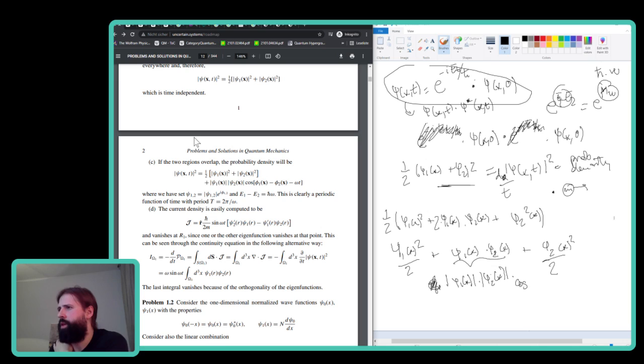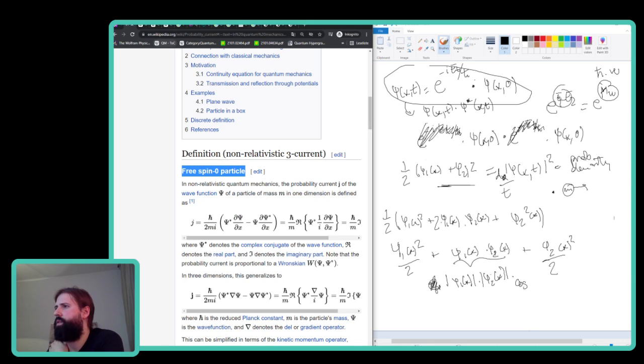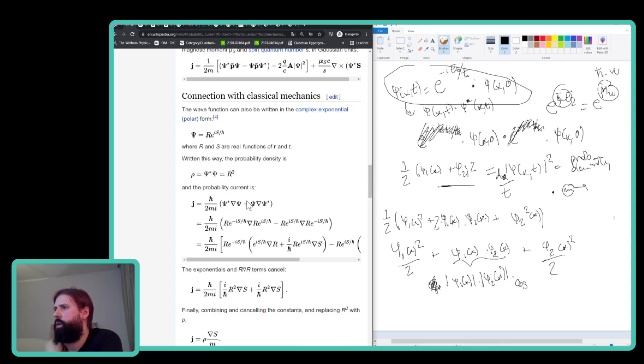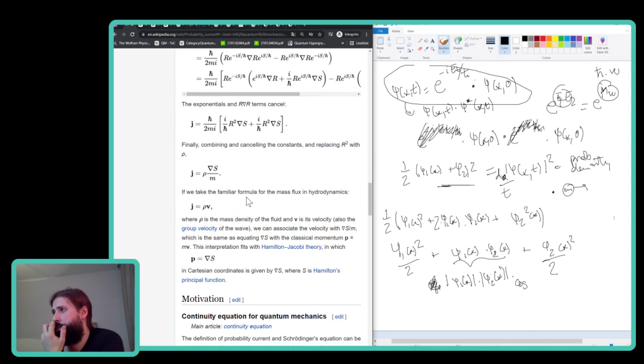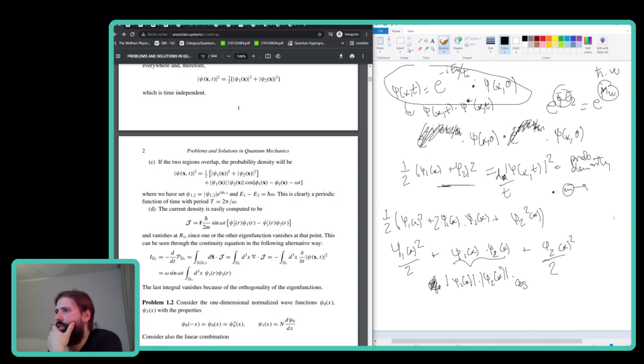Not mass, that should be an area or something. Why would I say that's mass? The mass density. So the mass per area, I guess. Yeah. So that still makes sense.